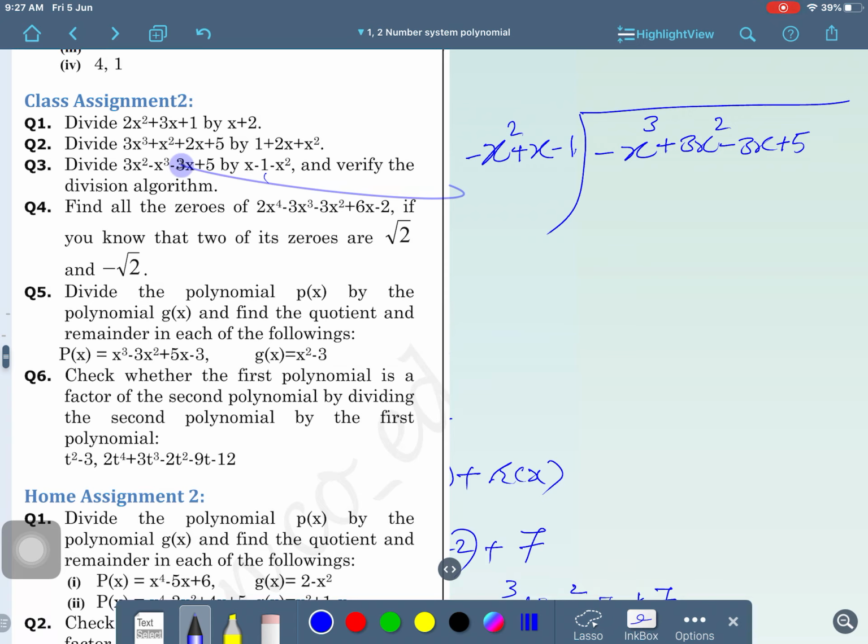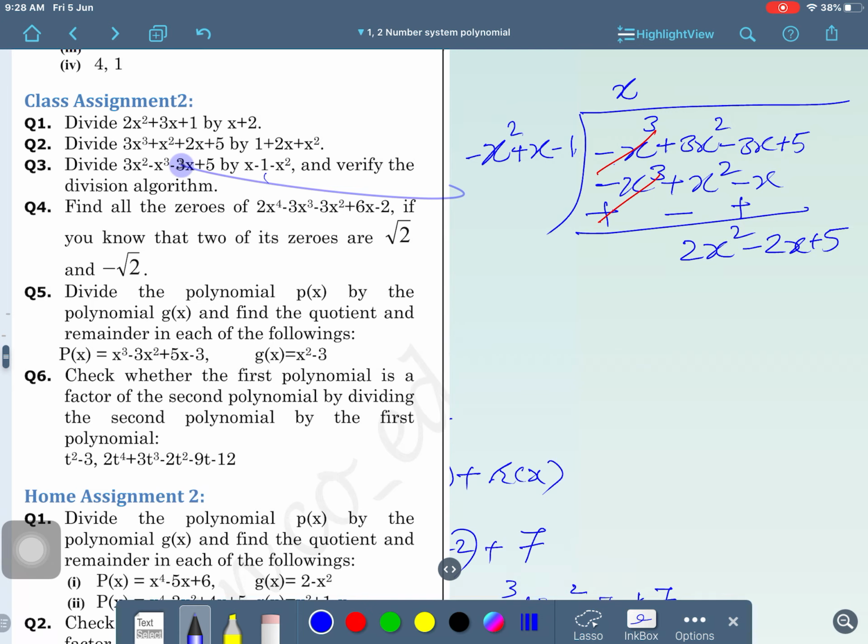So the coefficient minus 1 cancels. What is the degree difference? Only x. So here x is to be multiplied, minus x cube coming here, and plus x square is coming here, and minus x. Now the signs change: minus becomes plus. What will this be? It will cancel, and the remaining terms will be 3 minus 1, 2 times x square, and minus 2 times x, and plus 5 also there.